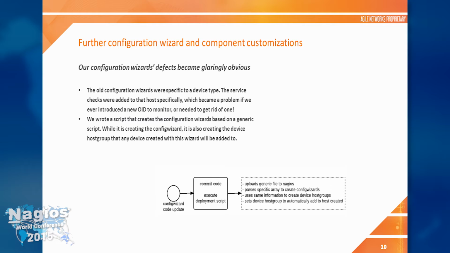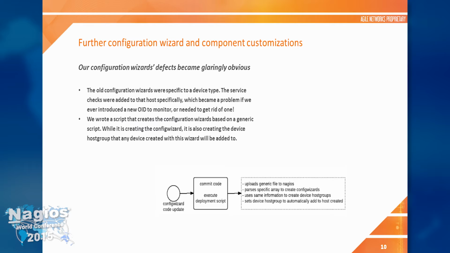So we wrote a script that creates the configuration wizards based on a generic template. While it's creating the configuration wizard, it also creates the device host group in XI, and any device created with that wizard will be added to that host group. So I have a group of files, my generic template, an update script, and then a deployment script to the server. I make the changes that I need to in the generic script.